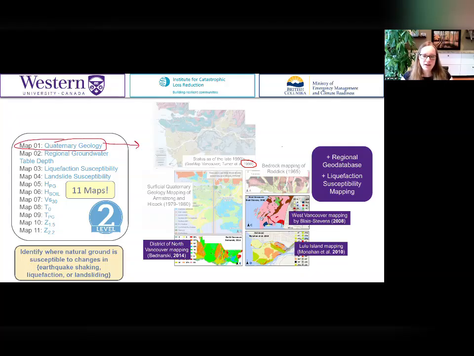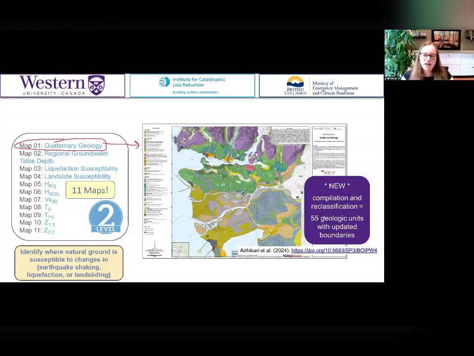So we started there with our geology map, but new and detailed mapping had occurred into the 2010s, and we made sure we incorporated that. That triggered us to reclassify the geologic units, and we ended up with 55 geologic units reclassified to our system.